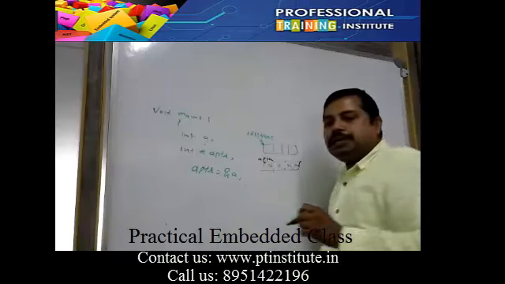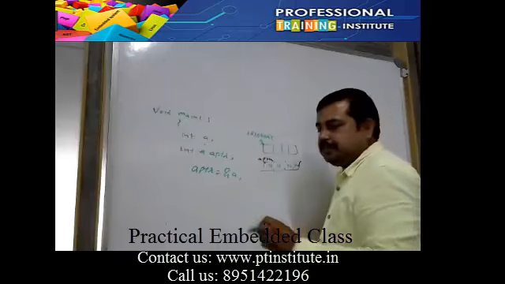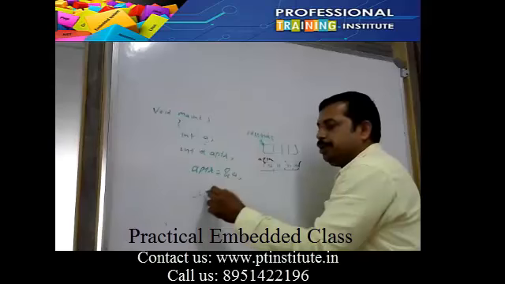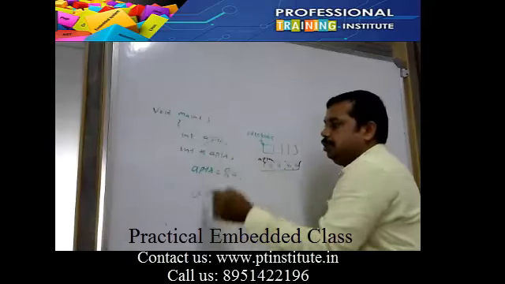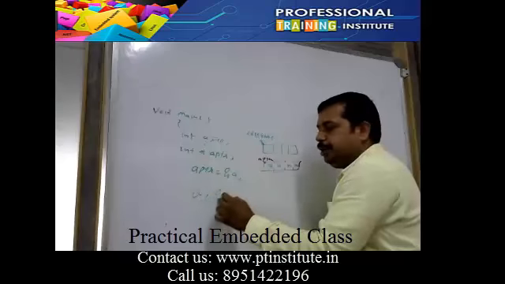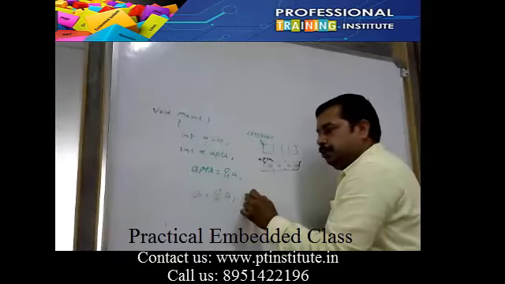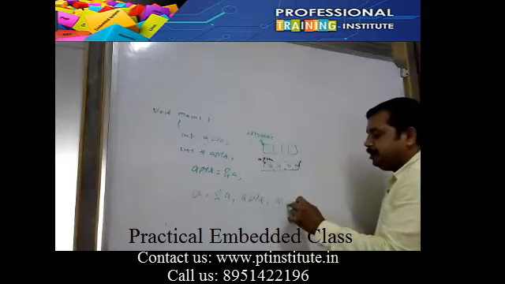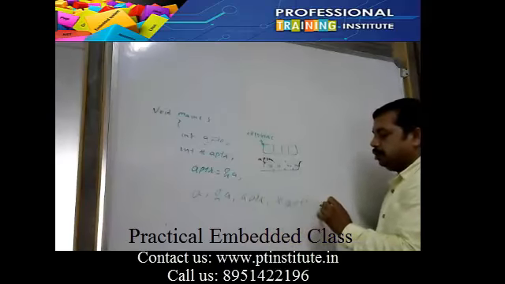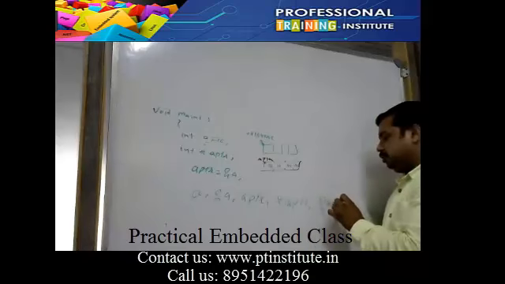Then I gave you a question in my first class. What I told you: print the value of a, consider a is equal to 10; print the address of a; print aptr; print dereference aptr; print address of aptr.